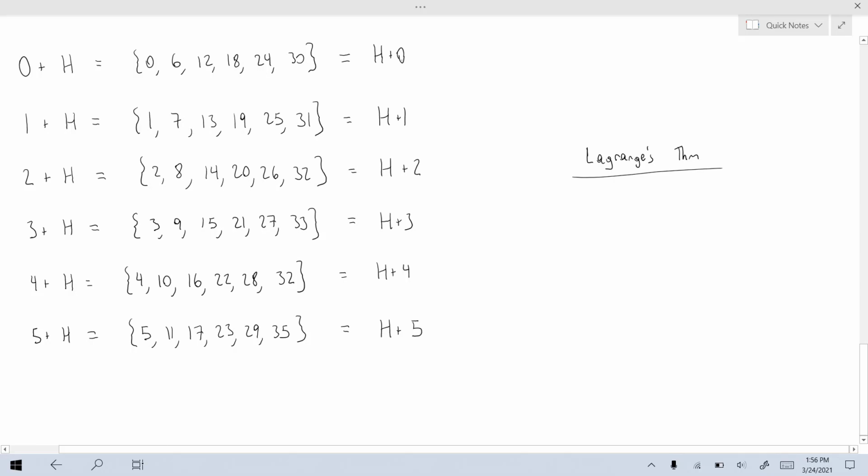So let's say G is a finite group. So the number of elements in the group G.